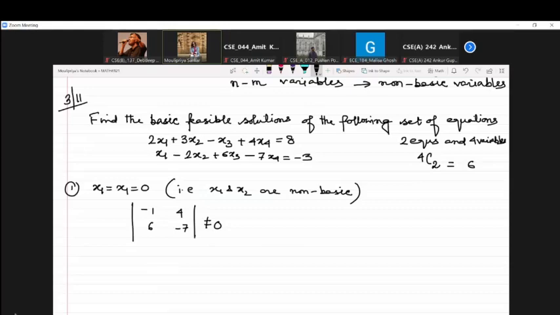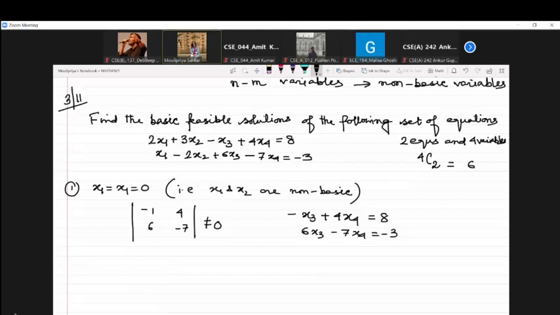But the next thing that we need to check is about their feasibility. Am I right? So for that, we need to solve the given system of linear equations. That is, we need to solve out 6x3 minus 7x4 equal to -3.